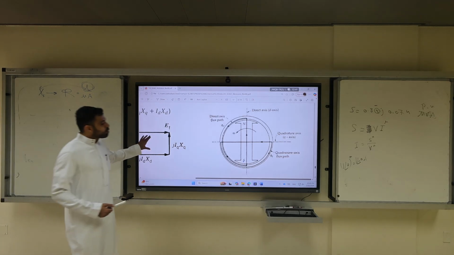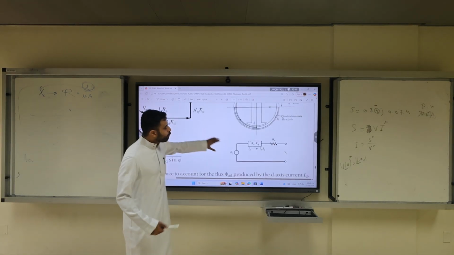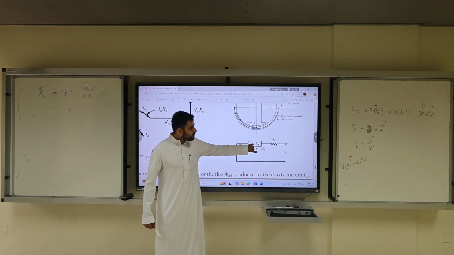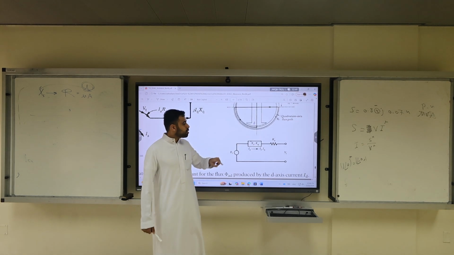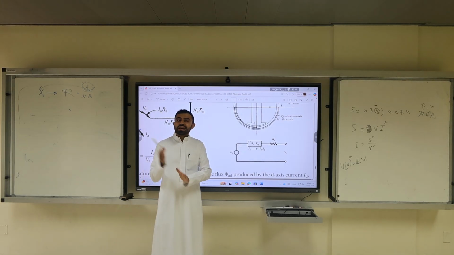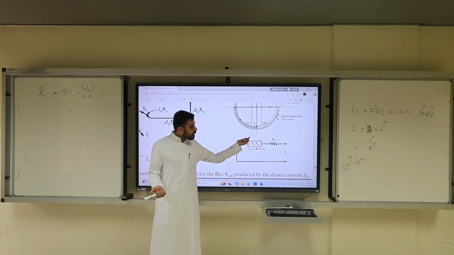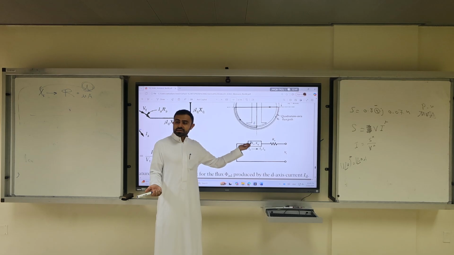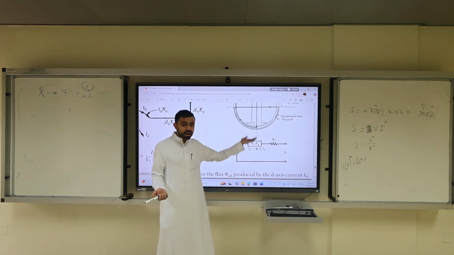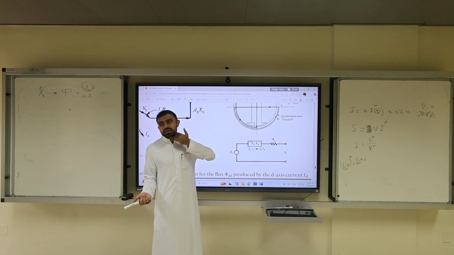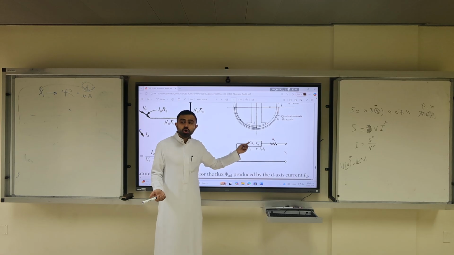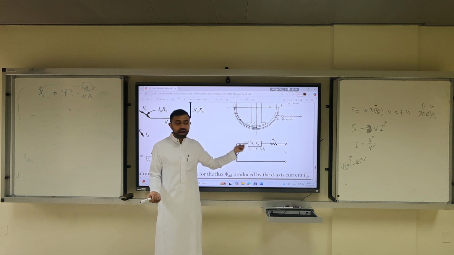What will happen is, instead of calculating X_s, I'm going to have an inductance due to the direct flux path, and an inductance due to the quadrature flux path. But there is no closed form formula to calculate it. It has to be calculated using only the phasor diagram.